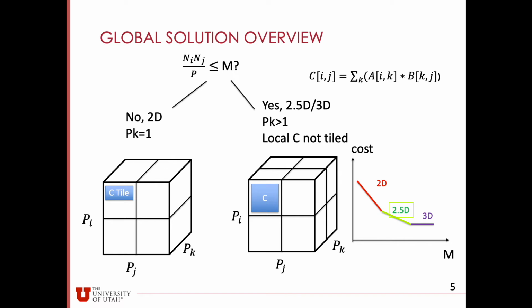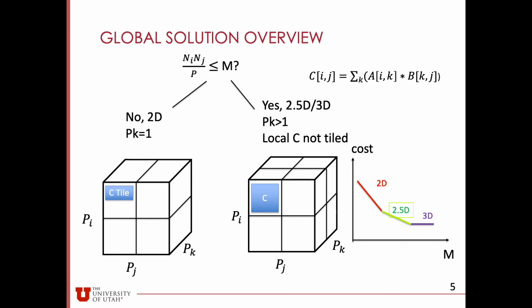On the other hand, if the local memory is enough, such that P multiplied by local memory size is larger than the C size, the solution we derived will spread the processors along all the dimensions, and the C footprint of the workspace for a single processor will not be tiled.